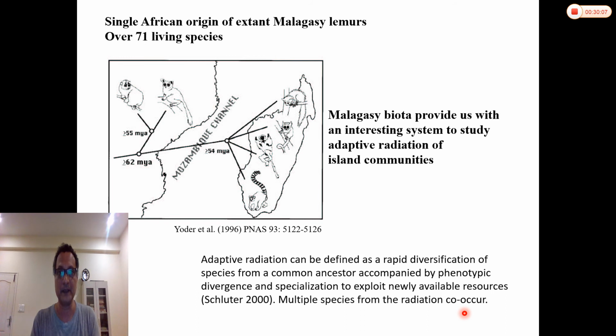So it rapidly diversifies into many species that are adapted to different niches, different ecological zones, and because they are now adapted to different conditions, they often also exhibit extreme morphological disparity. So they look very different from each other, right?